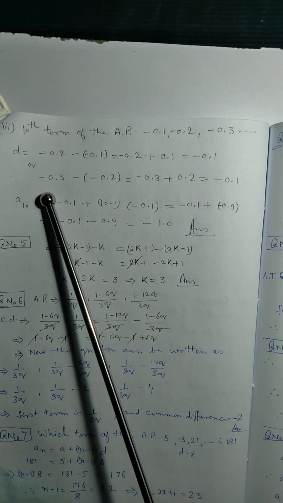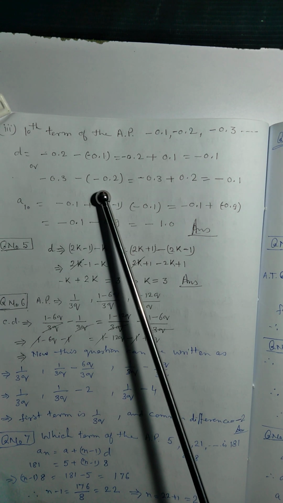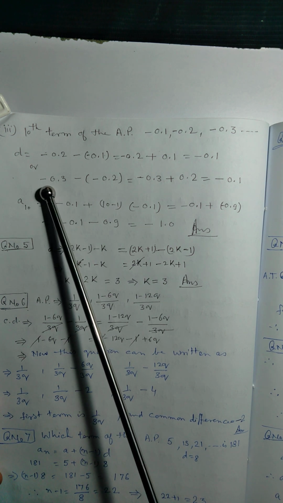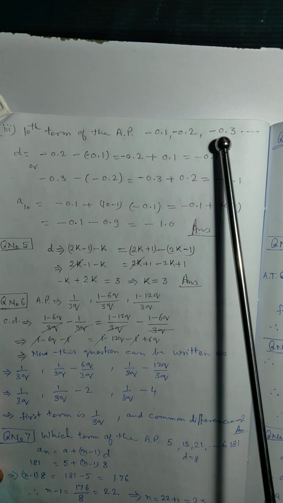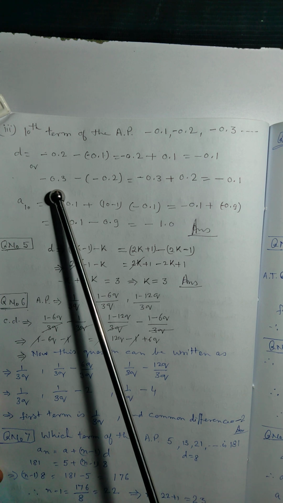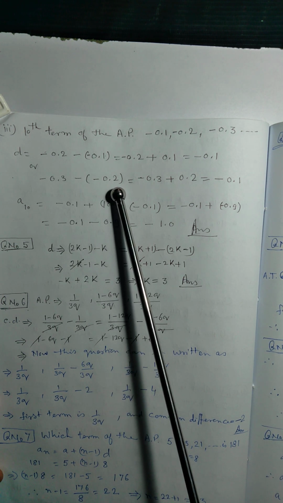So the 10th term can be written. You see the common difference again by the third term minus second term, that is minus 0.3 minus again minus 0.2.